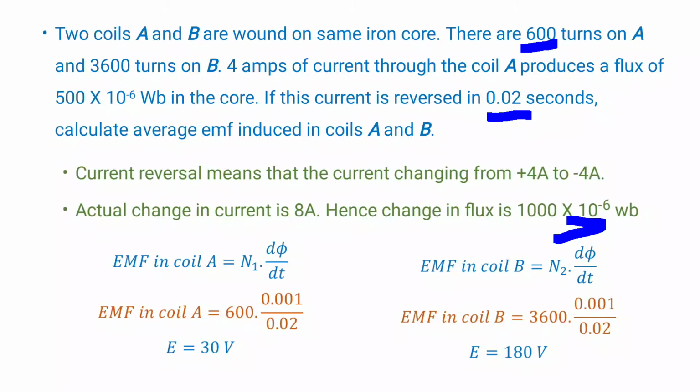Substituting, E is equal to 30 volts in coil 1. For coil 2, the number of turns is 3600, and the flux and time are the same. Substituting, E is equal to 180 volts. The problem has been solved. Thank you, we will see in the next class.